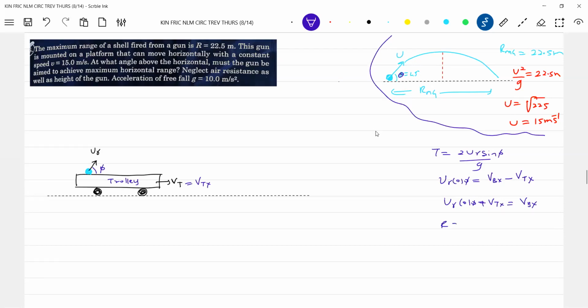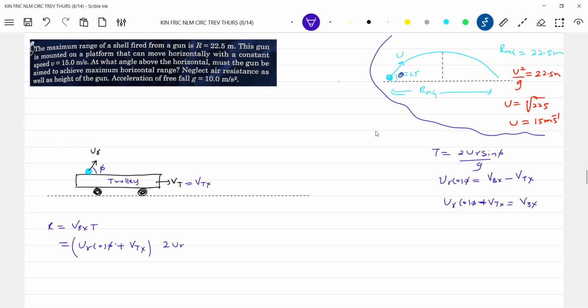Now what is the range? Range should be equal to Vbx into time of flight. Let me write here, I have space. What is Vbx? UR cos phi plus Vtx.